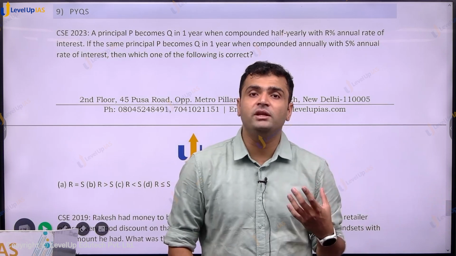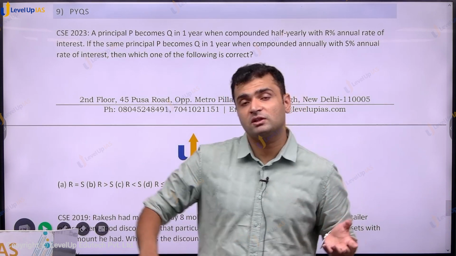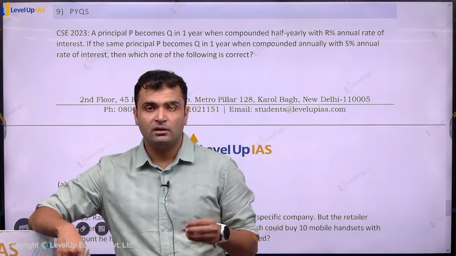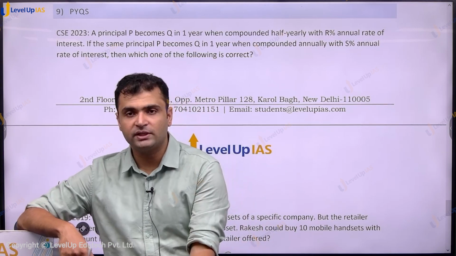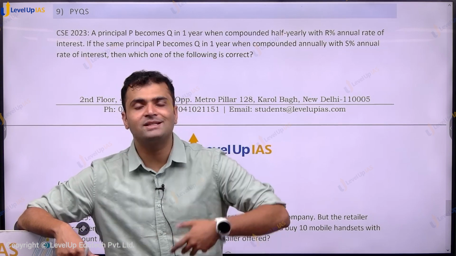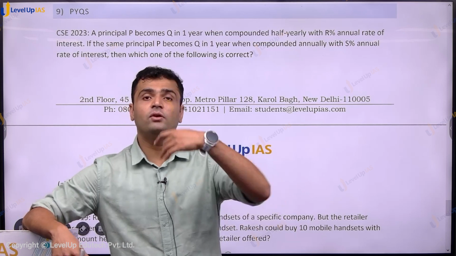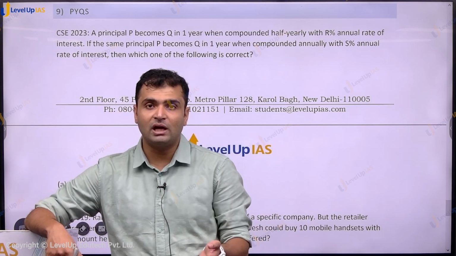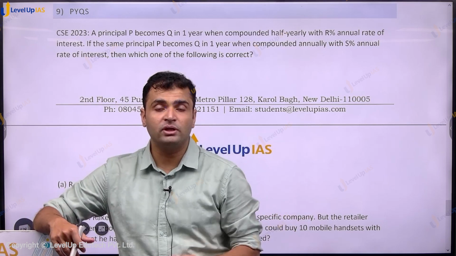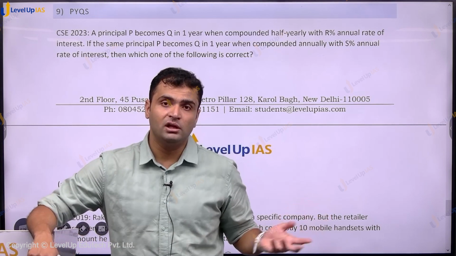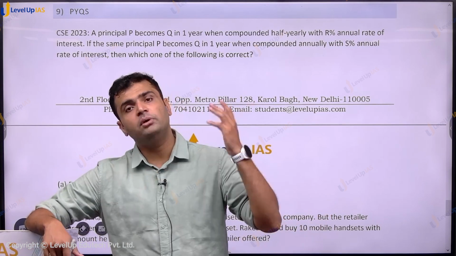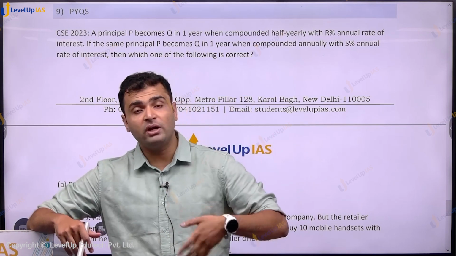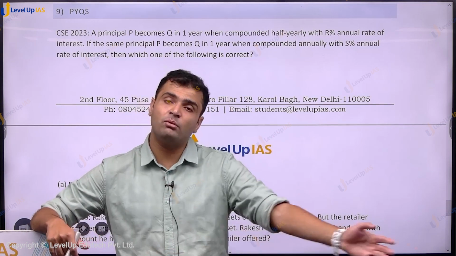But instead of 1 year, what if we compound at 6 months only? Whatever my interest at 6 months, that gets treated as principal for the further 6 months. If I compound at 6 months, I will get even more money. If I compound at 3 months, I will get even more money. If I compound monthly, I will get much more money. If I compound it daily, I will get the maximum amount of money.